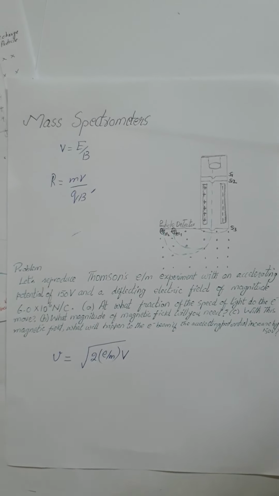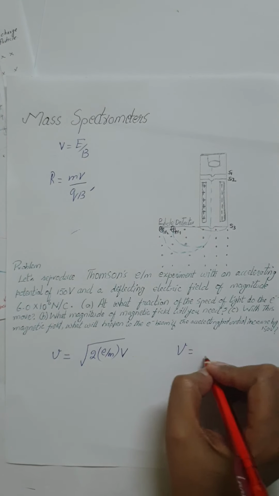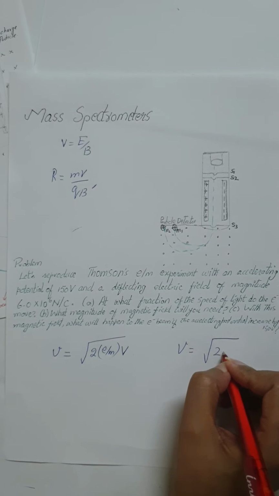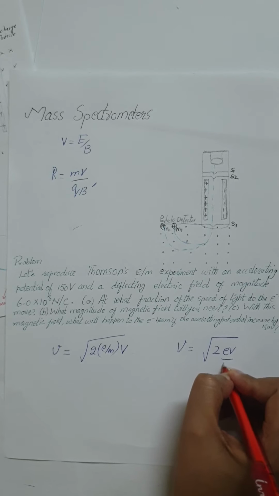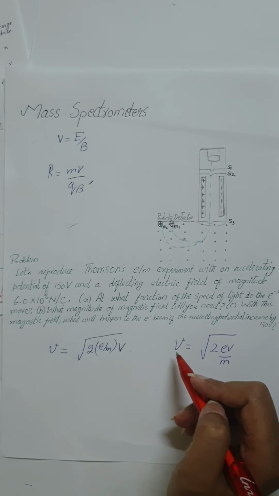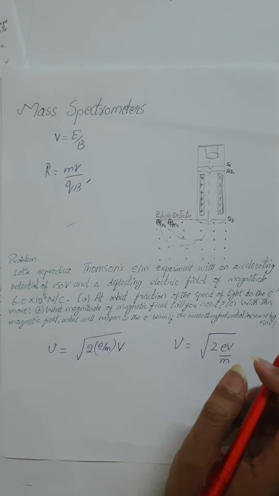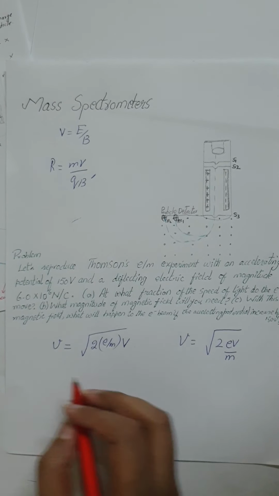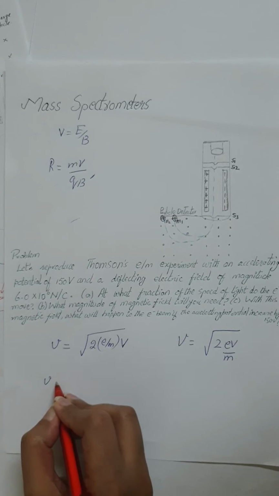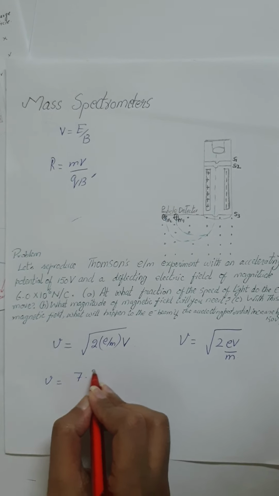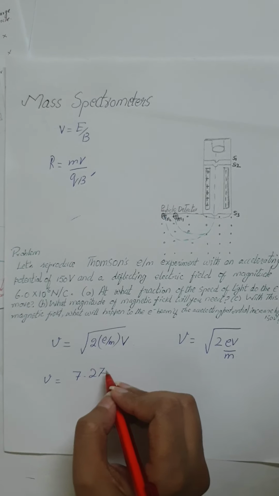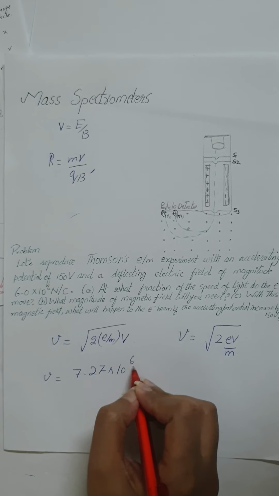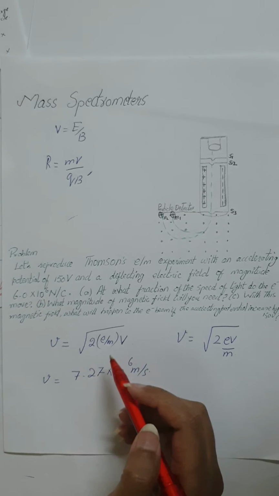This equation comes from equating kinetic energy equal to electric potential energy, so v is equal to square root of 2eV over m.